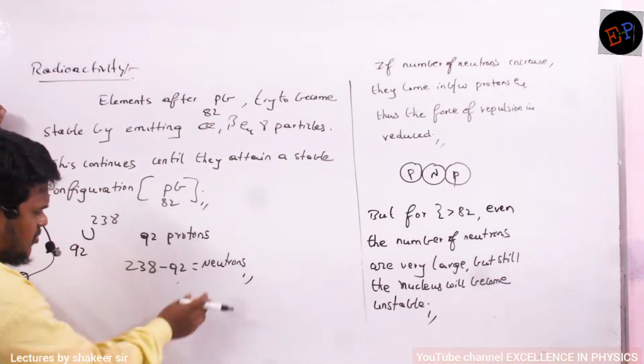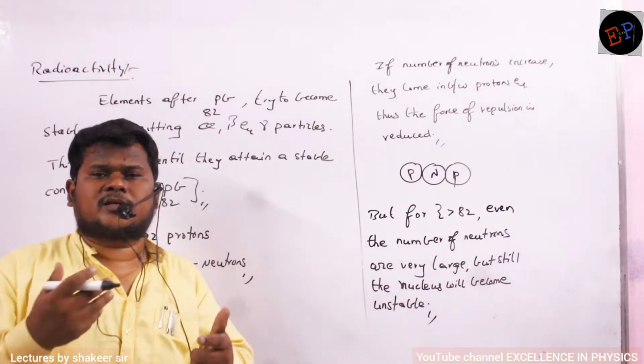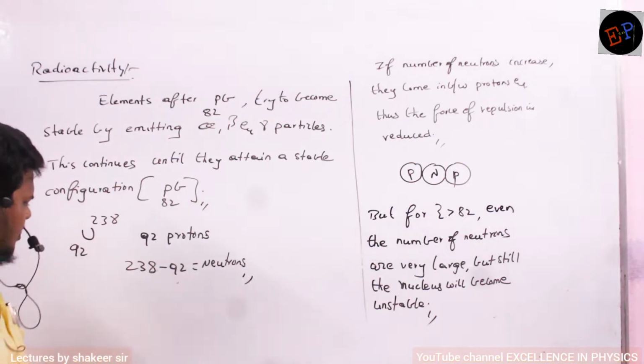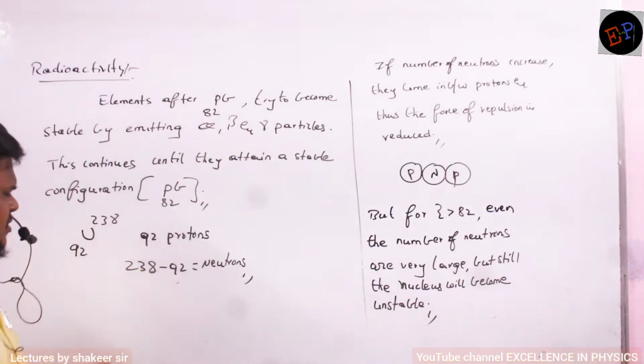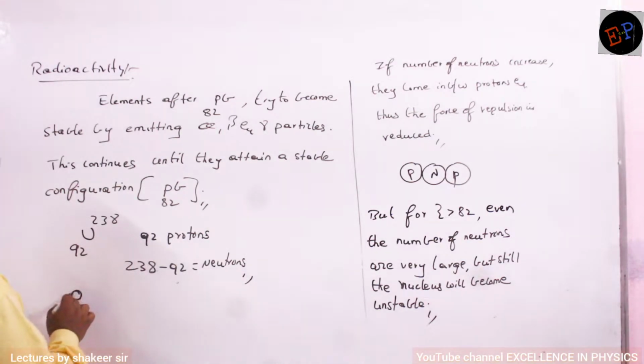So neutrons are very large when compared to protons, but still uranium is not stable and it tries to become stable by emitting alpha, beta and gamma radiations. Now let us have a small discussion on what these alpha, beta and gamma particles are made up of. So what is meant by an alpha particle?